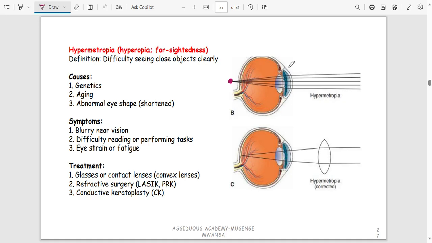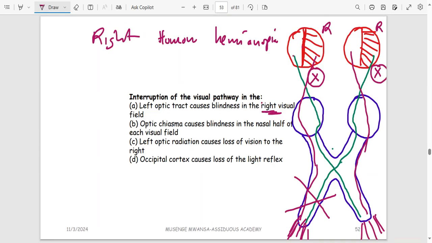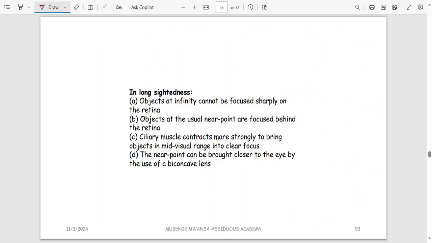If the object is far, you can properly see, but if you bring it much nearer, the image is formed behind the retina. So we are good with B, everyone. Hope we are all good.